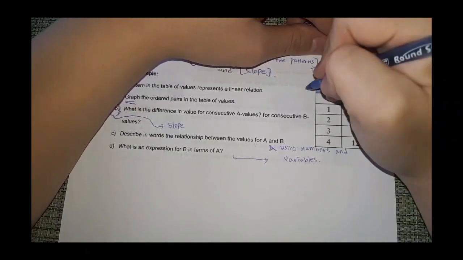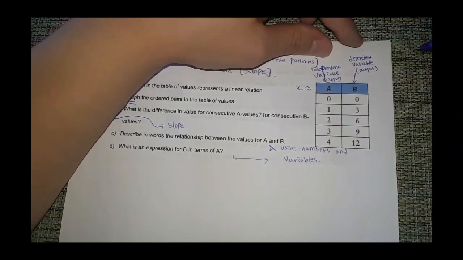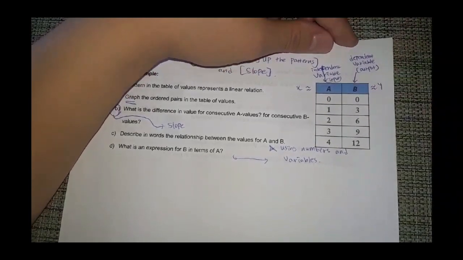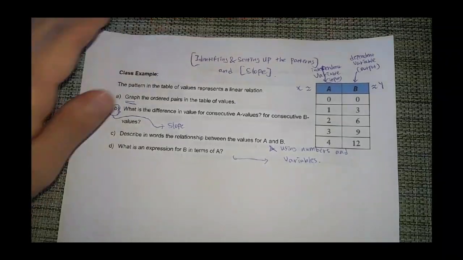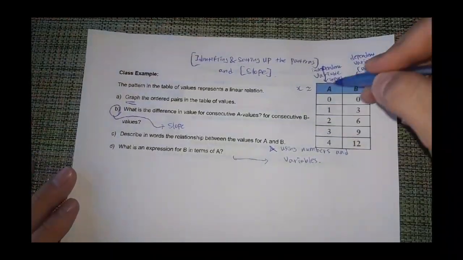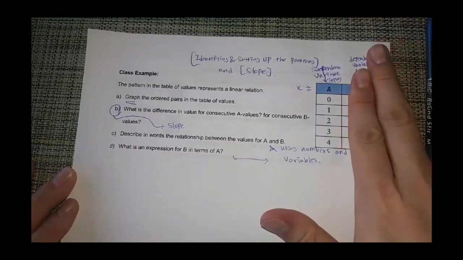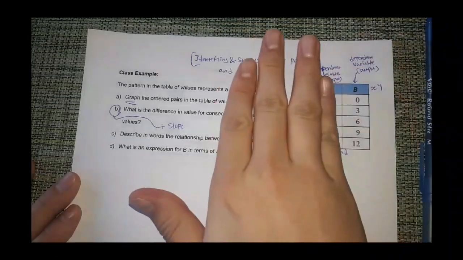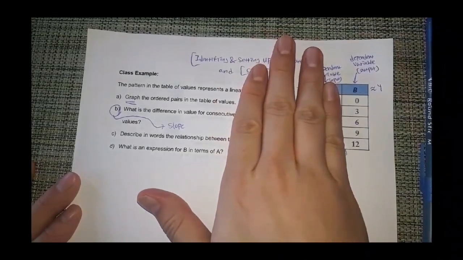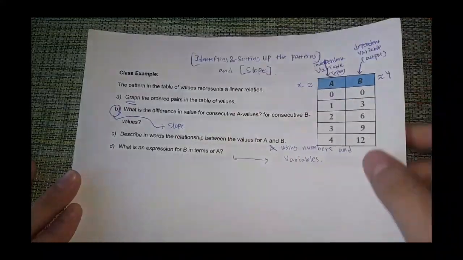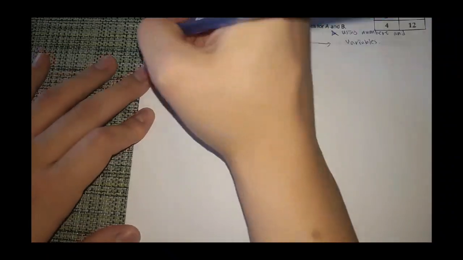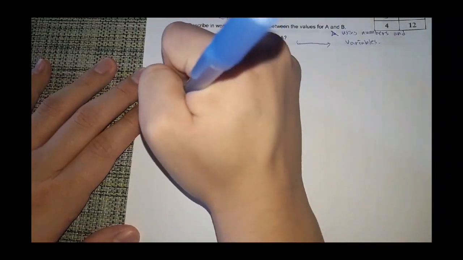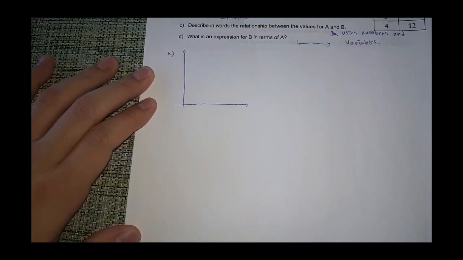It is a good thing to understand that the independent variable kind of resembles X, and the dependent variable kind of resembles Y. So if you look at the pattern, every value on X, or in this case A, is positive, other than the first one. The same thing happens when you look at the dependent variable output. Everything is positive. So that means you don't have to draw quadrants 2, 3, and 4. The only quadrant that you need to draw is basically quadrant 1, the one that plays a huge role for each of them.